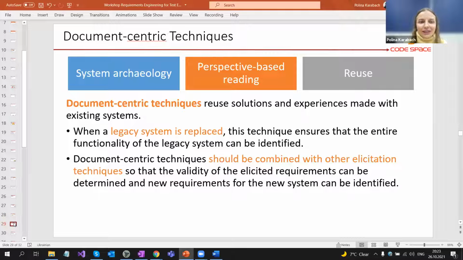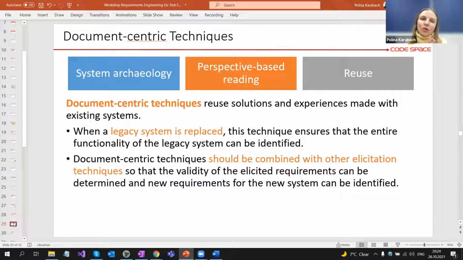All right. The next group of techniques is document-centric. We've seen some document stickers on the Miro added right now, and indeed, making use of documents for eliciting requirements is a good idea when we have a lot of feature dissatisfiers that are covered in the system we are updating, upgrading, or rewriting from an older system to a newer one.